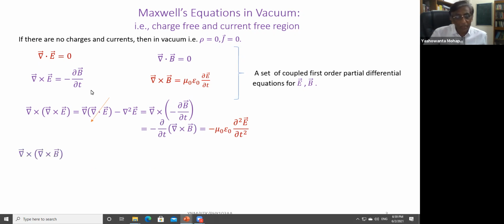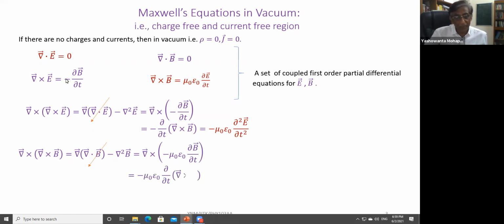So similarly, I can now take this Maxwell's equation and put curl on both sides. Okay, so del cross del cross B gives the gradient of divergence of B, but we know divergence of B is 0 always. Use that. So minus del square B is the curl of minus mu naught epsilon naught del E by del T. Now what is that?